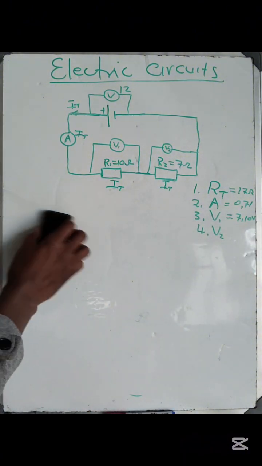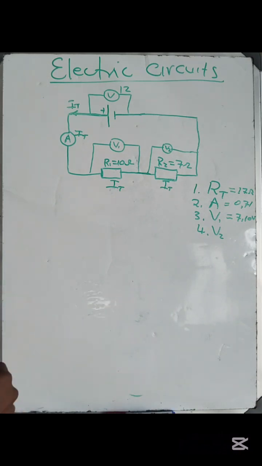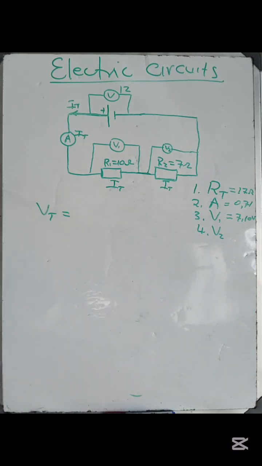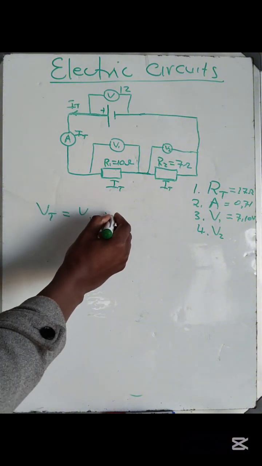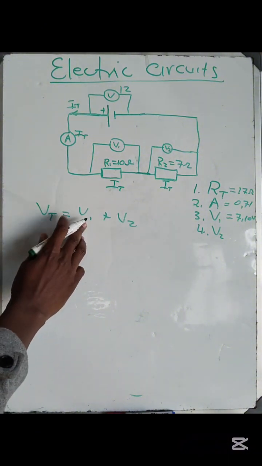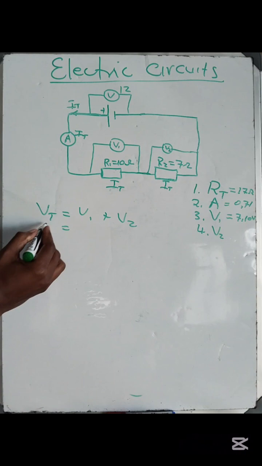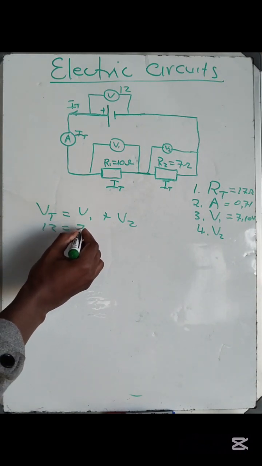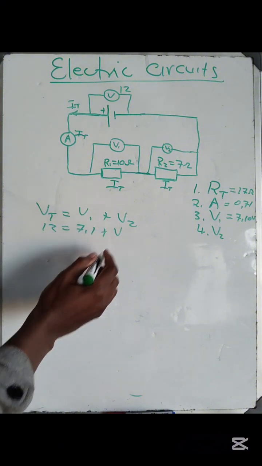Then the last question says calculate the reading on V2. Remember I said the total voltage would be equal to V1 plus V2. Now that we have V1, we can use that. The total is 12, V1 is 7.1, plus V2.